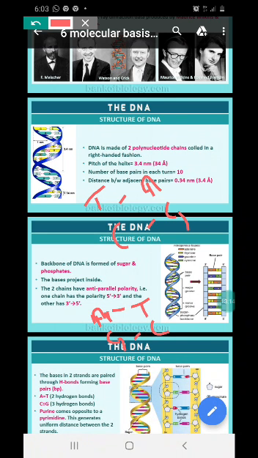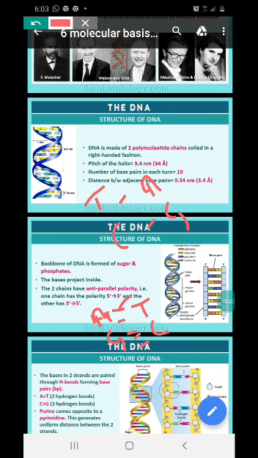And also you should know what the bond between these two base pairs is. This is the hydrogen bond between these base pairs. Between adenine and thymine there are 2 hydrogen bonds, and between G and C there are 3 hydrogen bonds. Clear, children?